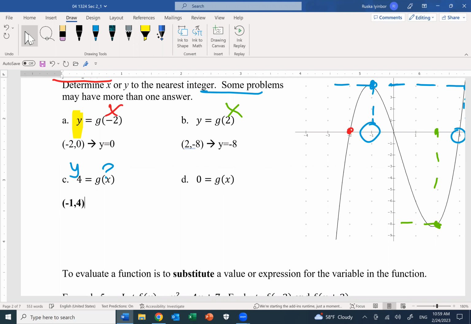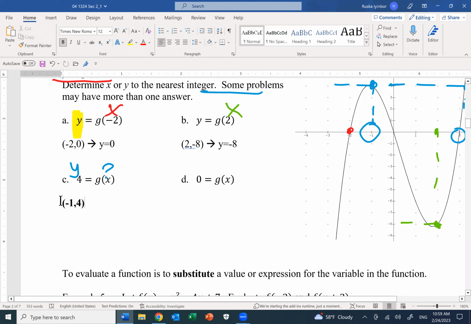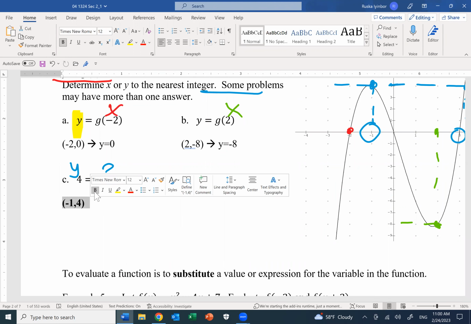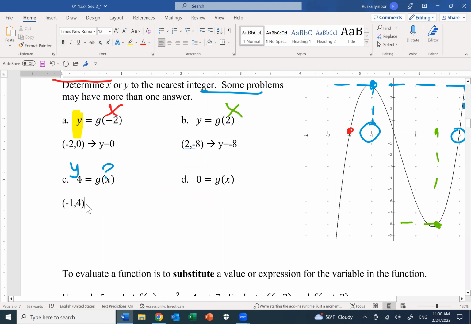From these coordinates, I need to find x. x is going to be equal to -1. And then you have another point, which is, we say we're going to round to 3, so (3, 4). In this point, x is going to be 3. So those are my two answers.